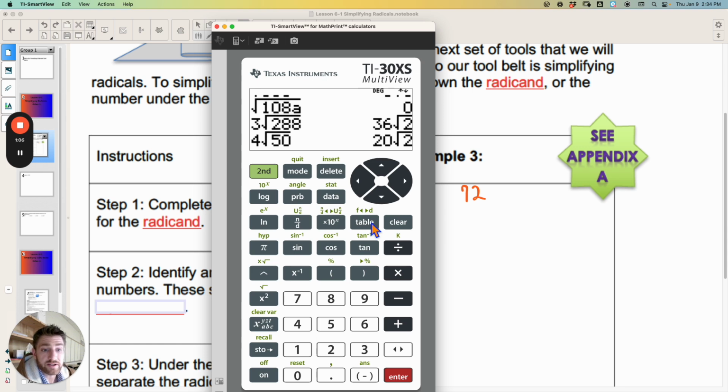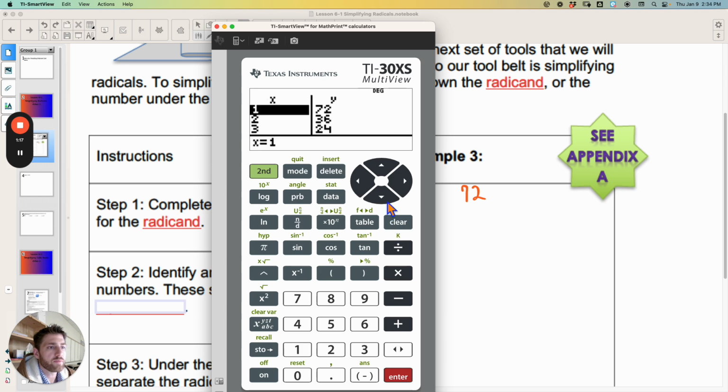And that's great, and that is a perfect square. But I can also use the table function and plug in 72 divided by x, and when I start at 1, it will give me all of those factors of 72. And if you come across a decimal, it's not a factor. But it's an easy way to break down a number into its factors.